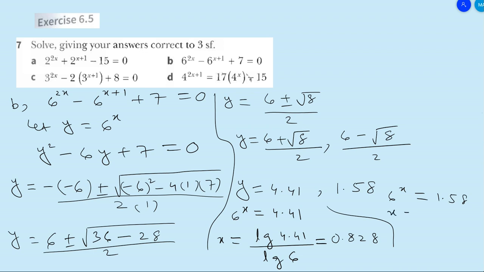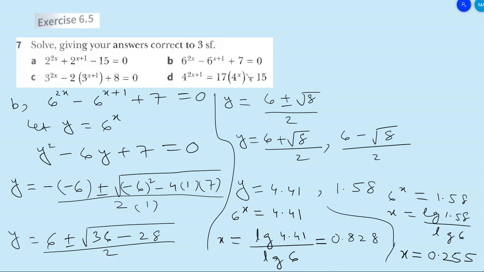Taking log on both sides, x equals log 1.58 upon log 6. So x equals 0.255.